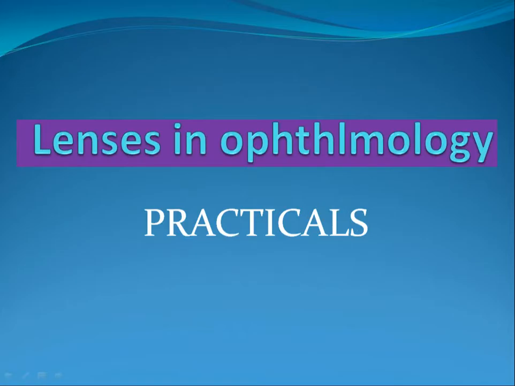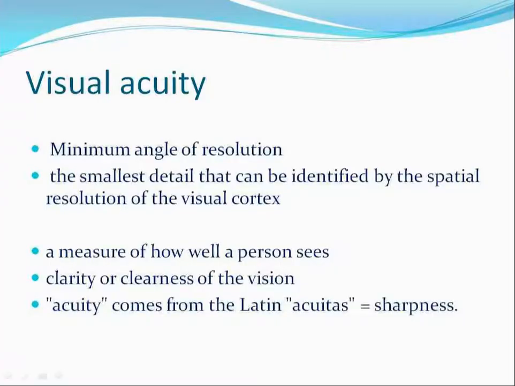We will start with visual acuity. So what is visual acuity? Each and every one of you will have to write the visual acuity of the case that is given. What does it actually mean?